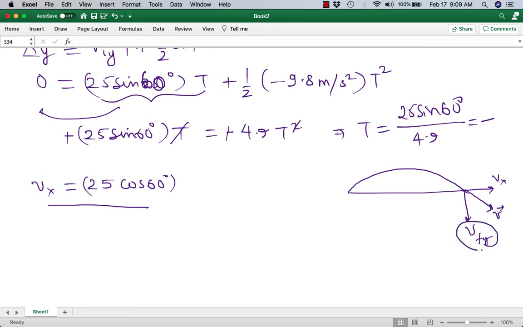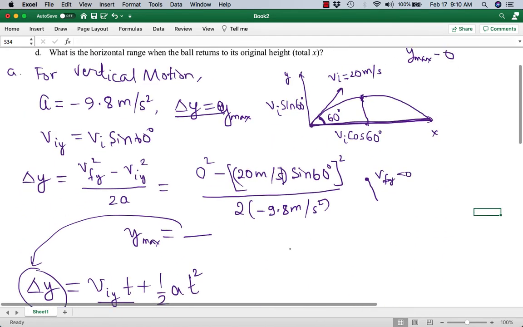So first we need to find this one. So we can find that by using this formula: v_fy is equal to v_iy plus a capital T, because we're talking about the total time from this point to that point. So I'm using capital T here. So v_iy is 25 sine 60 degrees, which we already got in the beginning here.